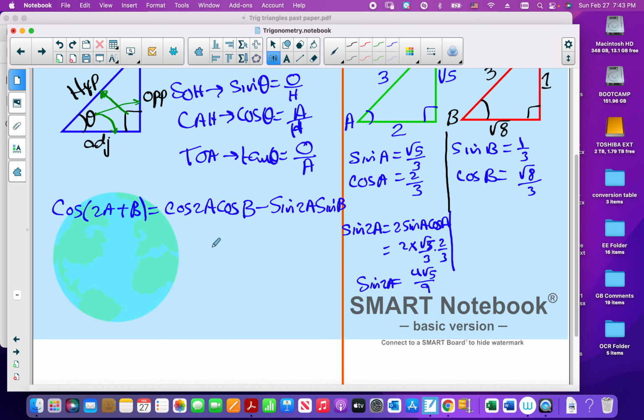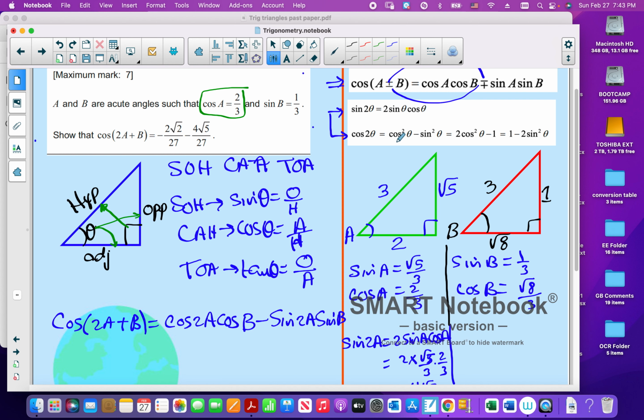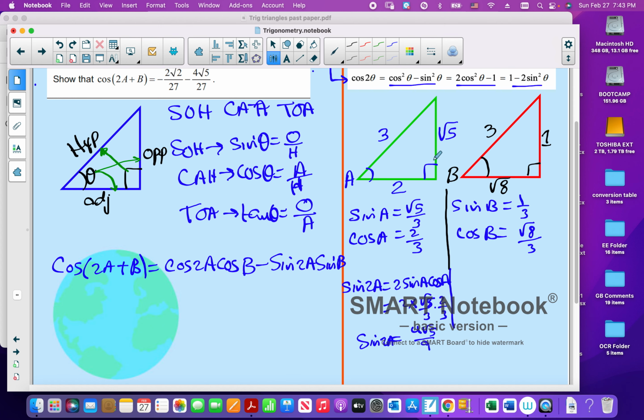Also, I need cosine 2A. For cosine 2A, you are free to use cosine squared A minus sine squared A, or 2 cosine squared A minus 1, or 1 minus 2 sine squared A. By the way, in here I made a mistake.